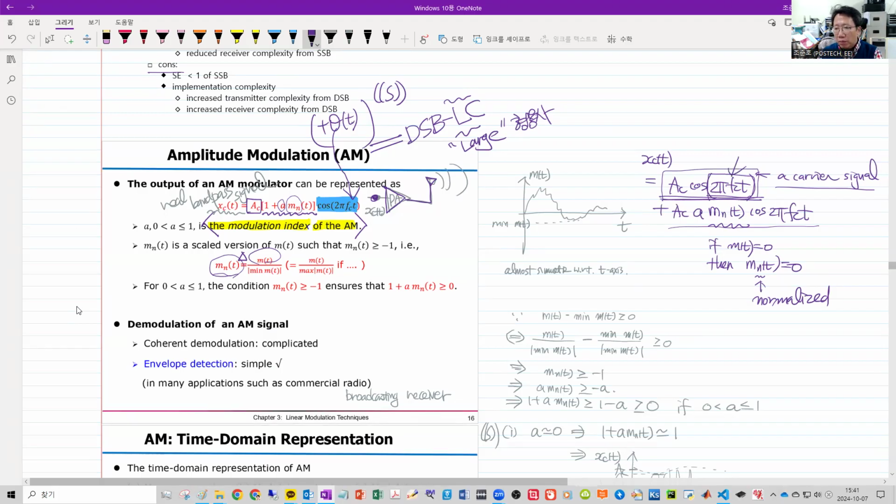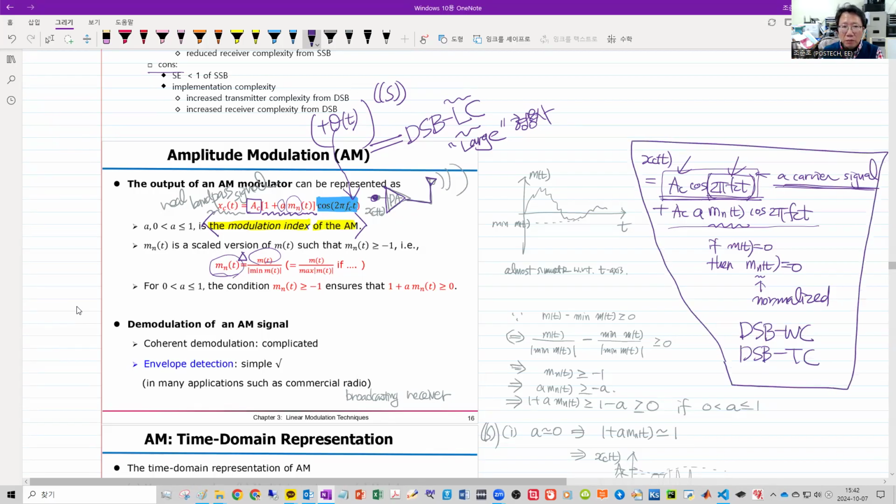Anyway, this is message independent, so no information. And this is a carrier signal. So that's why we say that this type of modulation is double sideband with carrier, or double sideband with transmitted carrier. Got it?